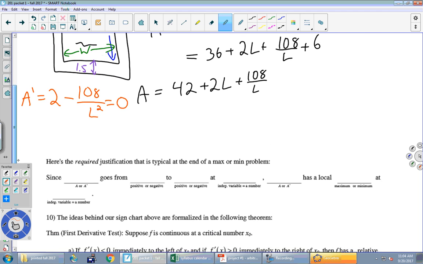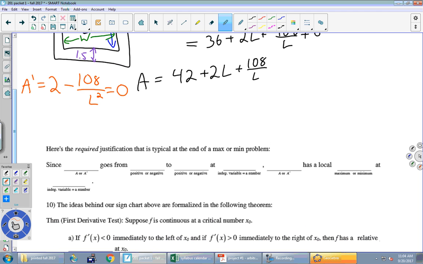And now I got some algebra to do. And in some math class in your past, you solved equations that look like this, and now you actually get to use them in the middle of a bigger problem. So how about we add the 108 over L squared to both sides? So 2 equals 108 over L squared.